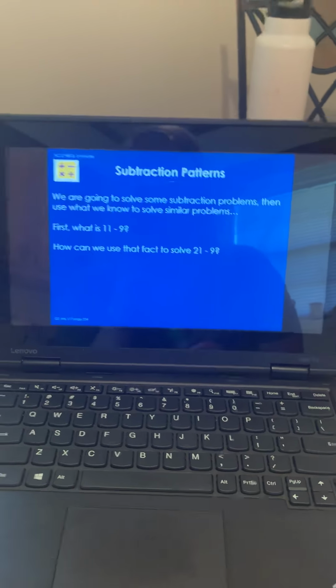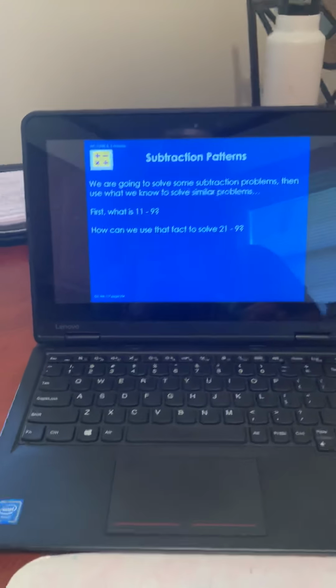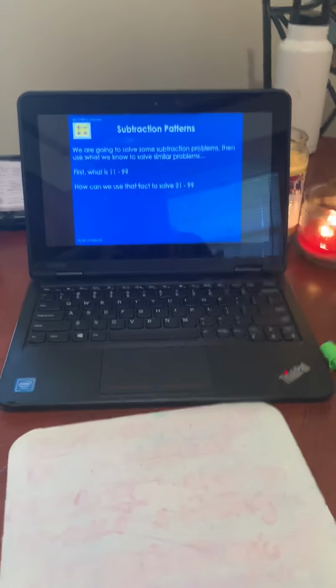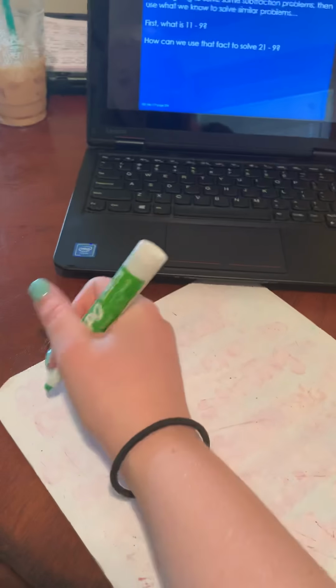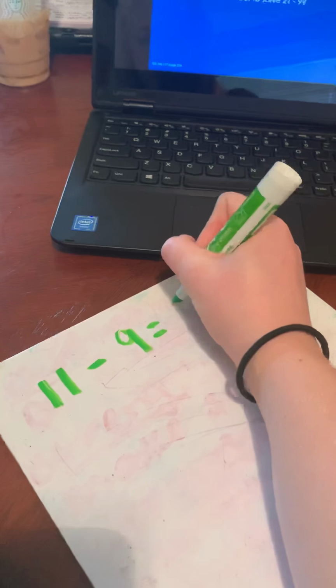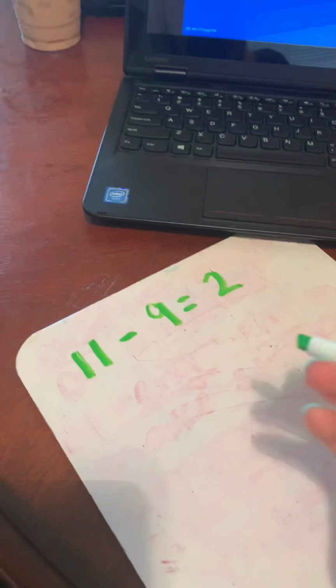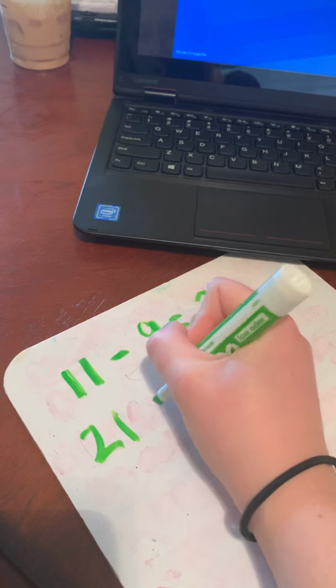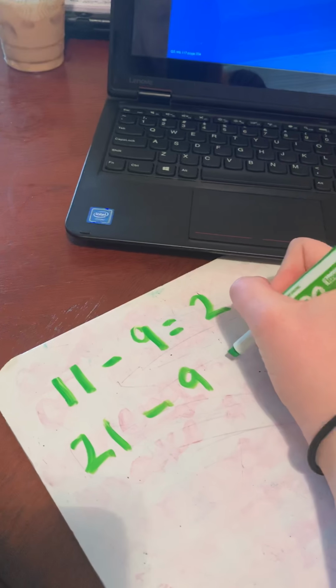Okay, so I'm going to pull out my whiteboard here. Sorry, I'm trying to do things with my phone in one hand and my marker in the other hand. Okay, so if we know that 11 minus 9 equals 2, we're wondering, how can we use that fact to solve 21 minus 9?